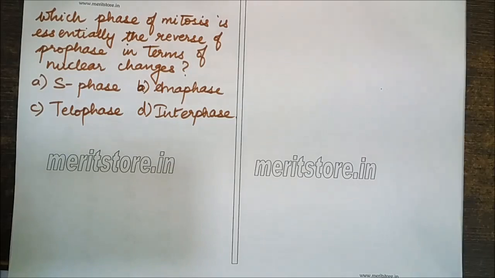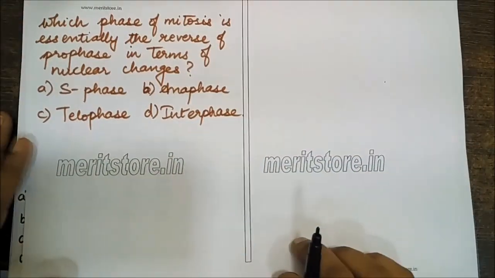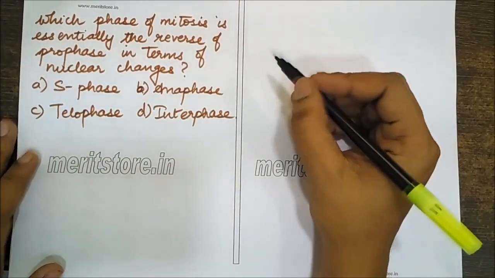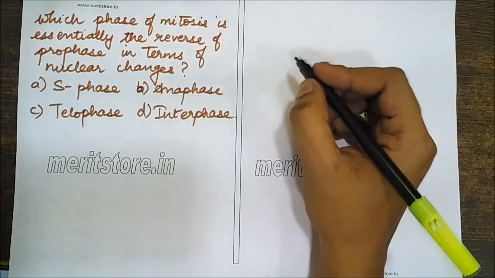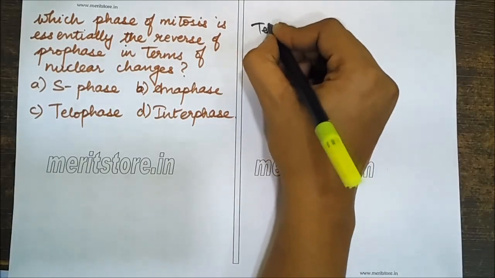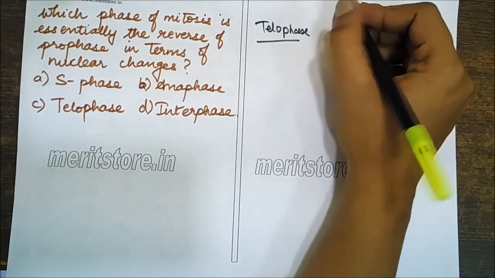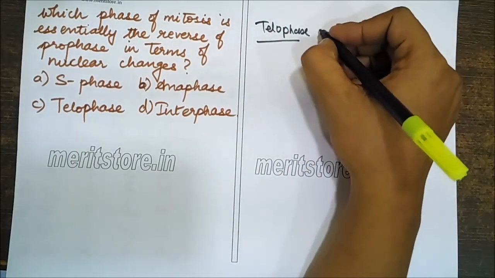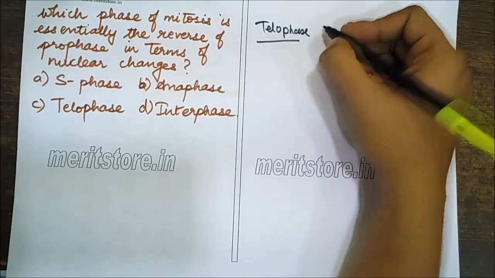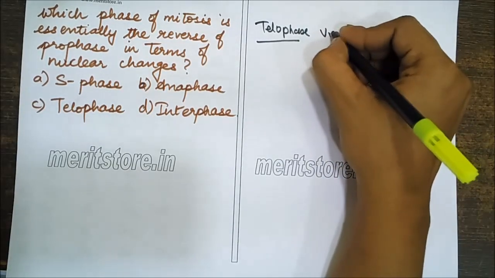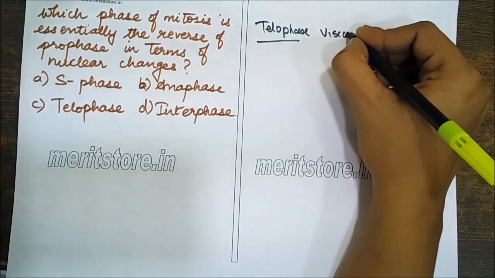Next, which phase of mitosis is essentially the reverse of prophase in terms of nuclear changes? Now see, what happens in telophase of mitosis? Viscosity of the cytoplasm decreases.